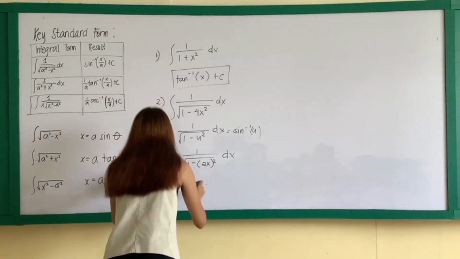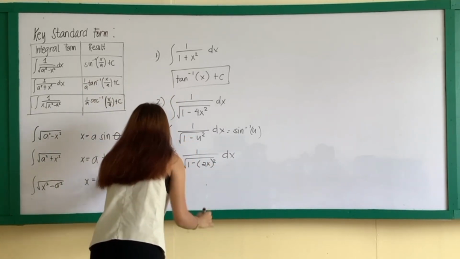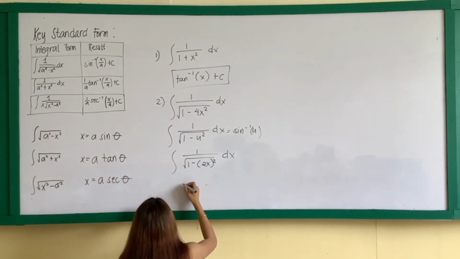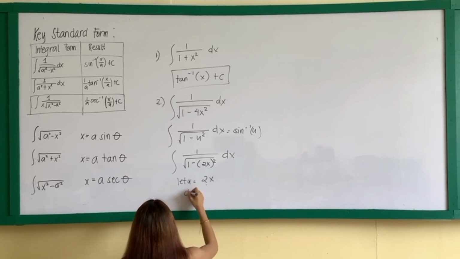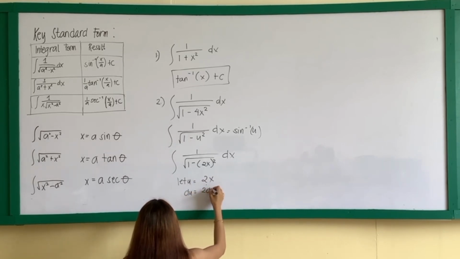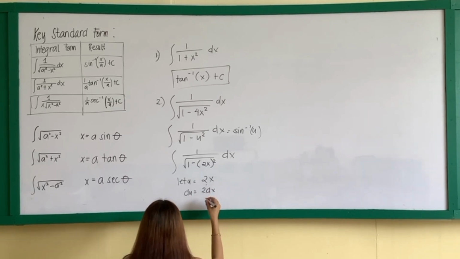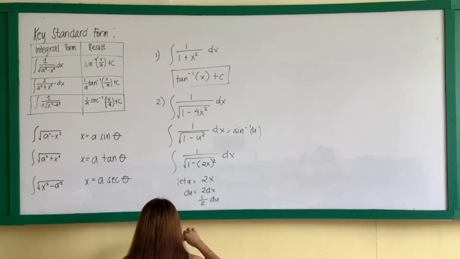So for our final answer, let u equal 2x. And our du is 2 dx, so dx is 1/2 du.